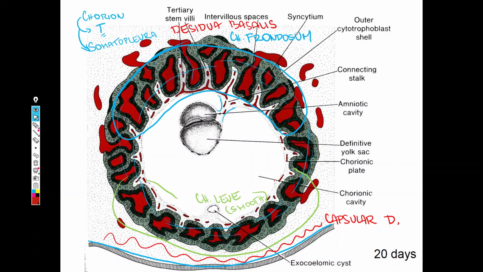The basal decidua and capsular decidua are connected with decidua that is here, called marginal decidua, on both sides. So I hope you understand. We have the decidua basalis or basal one, the marginal one, and the capsular one, which is close to the smooth chorion over here.